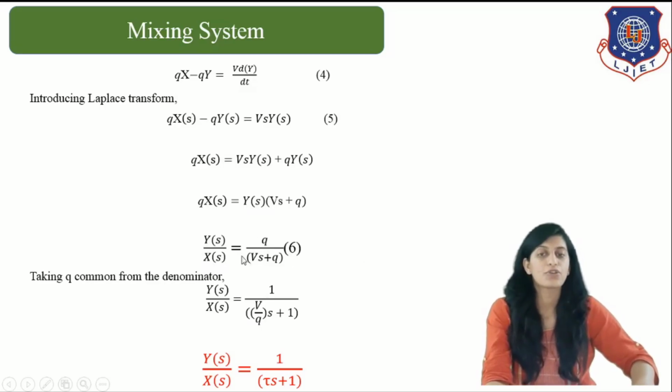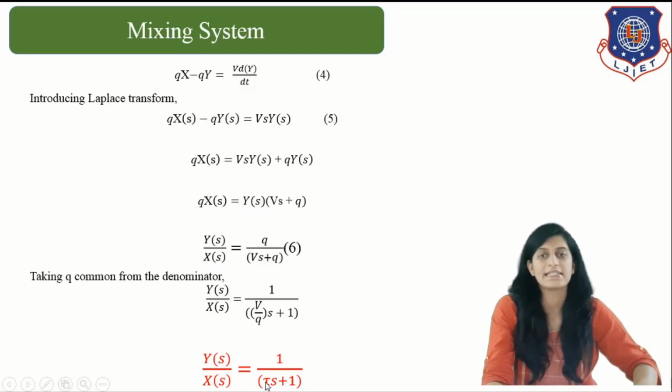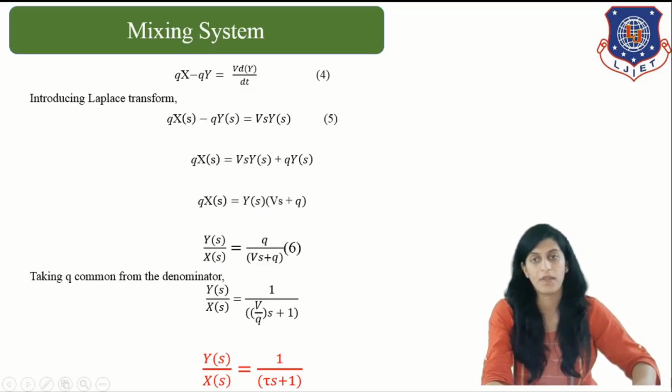We can take Q common from numerator and denominator, so the term reduces to 1 upon ((V by Q)s plus 1), and the term V by Q is nothing but tau, the time constant for our mixing system. So this is the final result for our mixing system derivation, right.